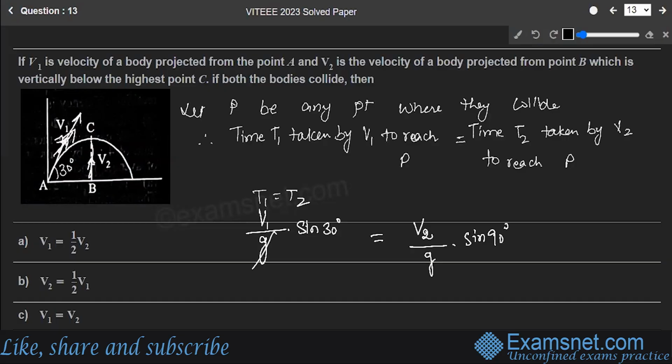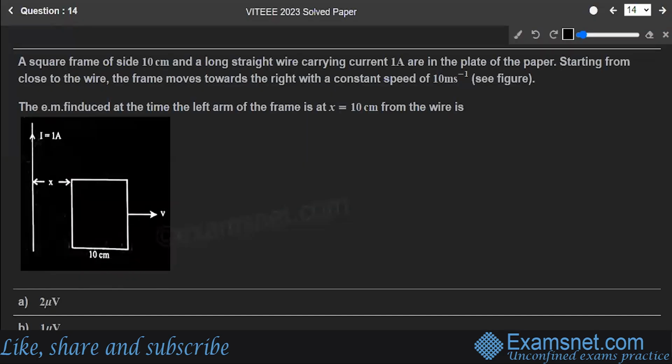And these two things, they will cancel. And you have V1 sine 30 degree is equal to V2. This is the one. Option B. V2 is equal to half of V1. This is the right answer to the question. Hope you understood that. Let's move to the next question now.